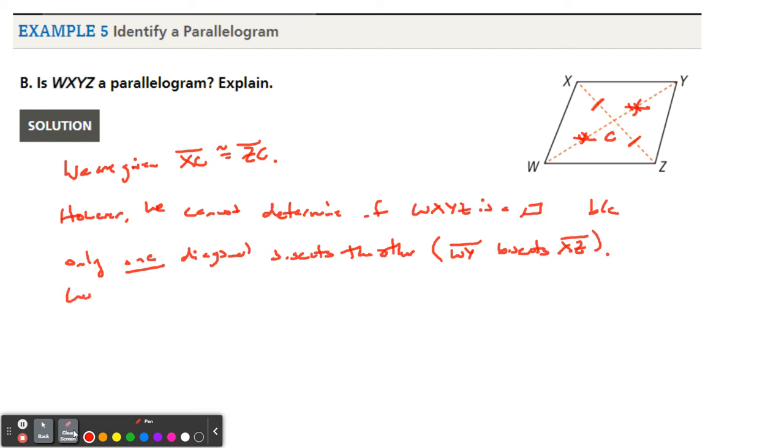We don't know if segment XZ bisects segment WY. Okay. All right, so there's one where you don't know, right? You don't have enough information.